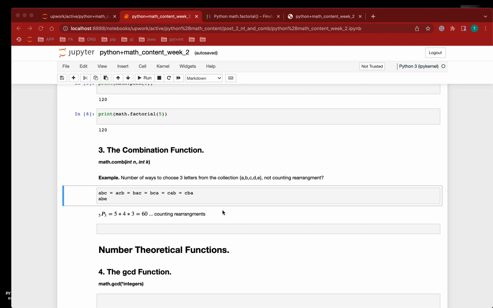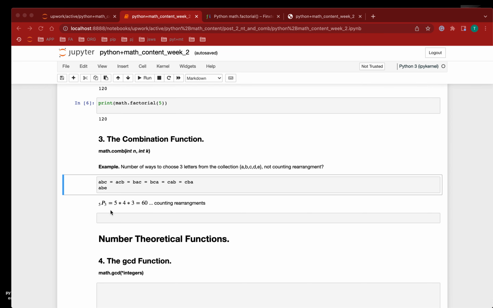And so when you see this problem, you first notice that it's very similar to the problem we had with permutations, where we did count rearrangements. So in other words, ABC was different from ACB in the permutation problem. And for the permutation problem, we just do 5 permutation 3, which is 5 times 4 times 3, and there's 60 possibilities.